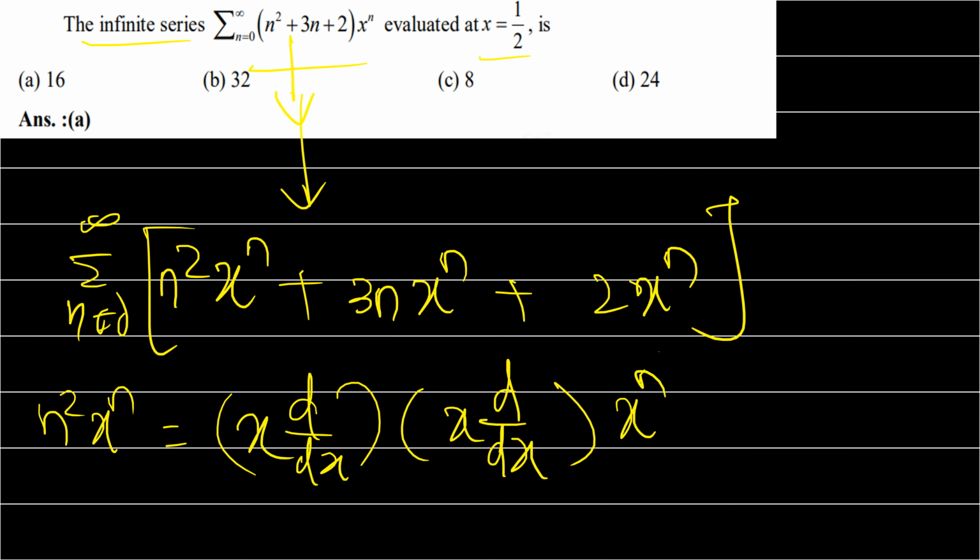Just check it. Differentiating this will be n x to the power n minus 1. Again multiplying by x it will be n x to the power n. Again differentiating it will be n squared x to the power n minus 1. Again multiplying by x it will be n squared x to the power n. So we can write n squared x to the power n as this.